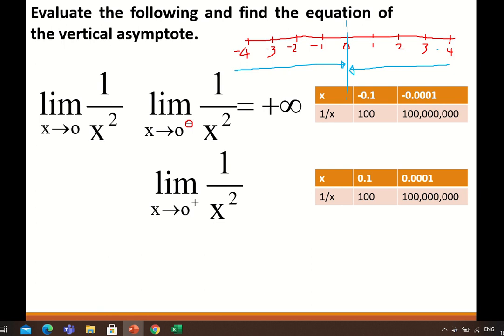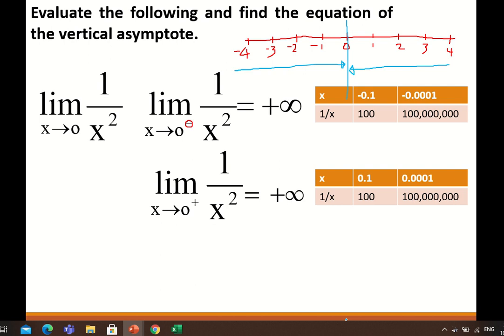So our x value is decreasing towards 0. Assuming you have 0.1, we have 1 divided by 0.1 squared, so you will get, again, positive 100. Or if you have 0.0001, you square that, divide it from 1, and you get 100 million. So we have the same result, positive infinity as well.